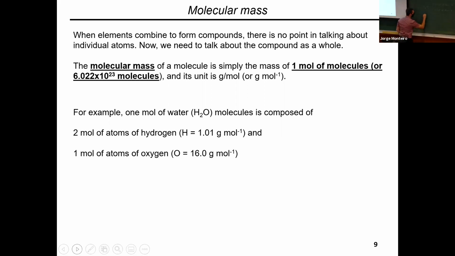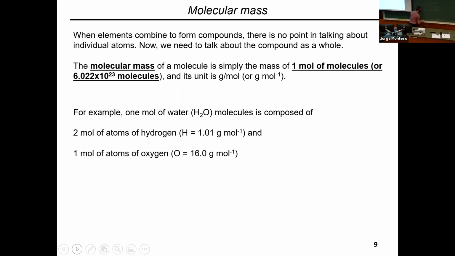Therefore, the molecular mass for water is going to be the sum of the contribution of each element to the compound. 2 moles of hydrogen, each hydrogen is 1.01, and 1 mole of oxygen, which is 16.0.